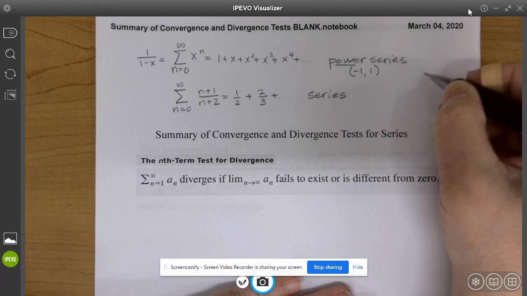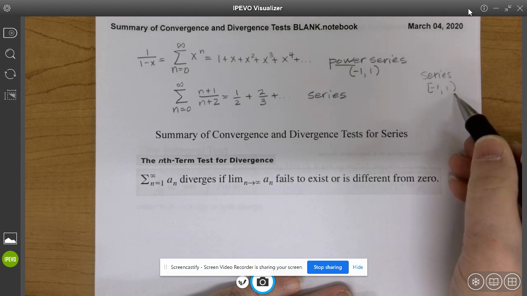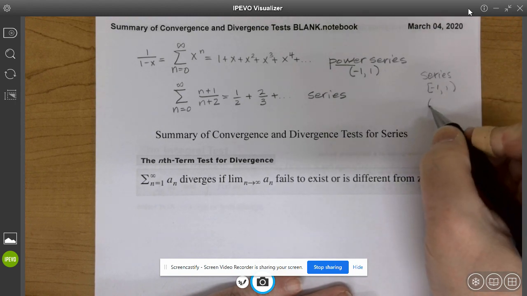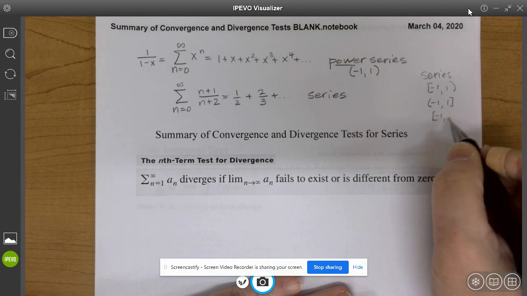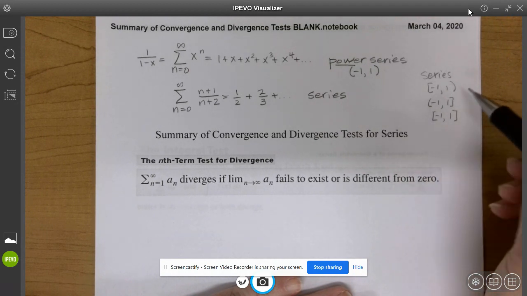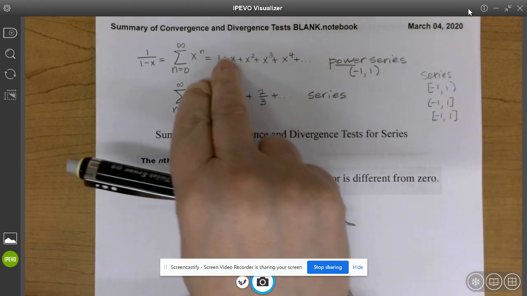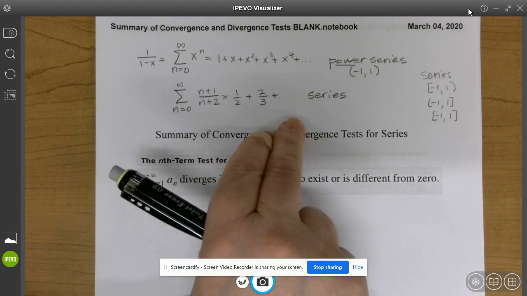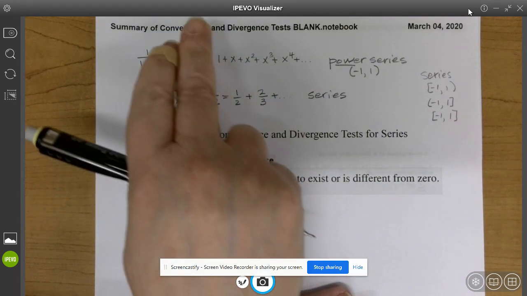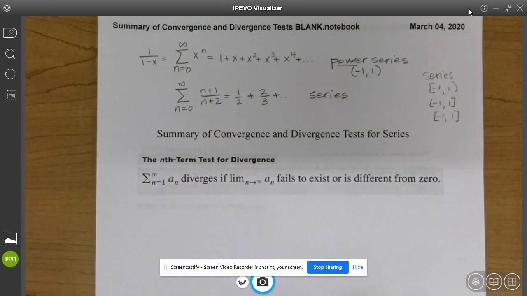For example, there are some series that will converge, let's say from negative 1 to 1, and converge at negative 1 but not at 1, or not at negative 1 but at 1, or at both endpoints. When we have to check the endpoints for convergence, we are putting in a number for x, and that changes it from a power series to a regular series, and thus the need to figure out whether we converge or diverge based on just a series of numbers.